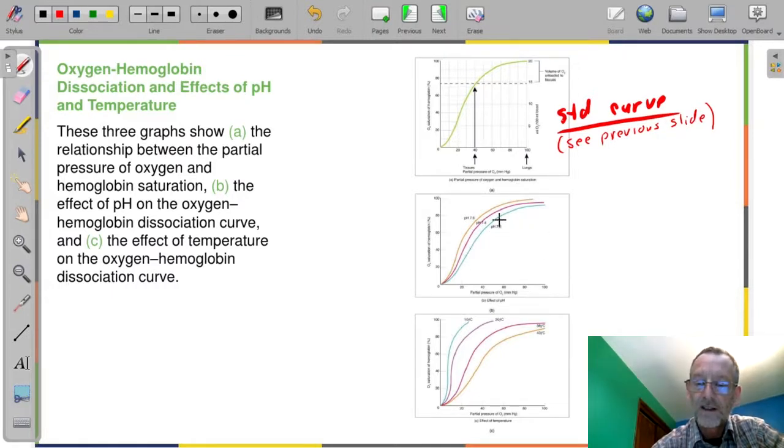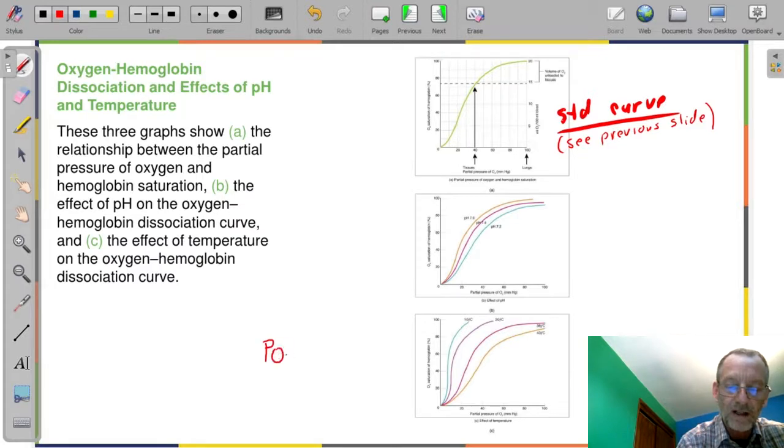But I think if I help you out here, it'll still be okay. This set of curves, we still have across the bottom in both cases the partial pressure of oxygen in millimeters of mercury.